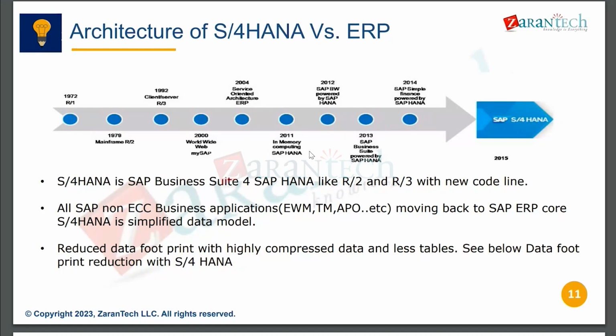And analytical report development became easy because of the increase of speed on the DB. That is one advantage they took. They brought it in for SAP Business Warehouse by SAP HANA.